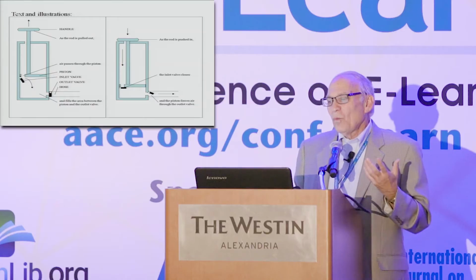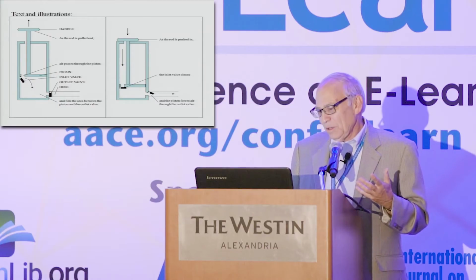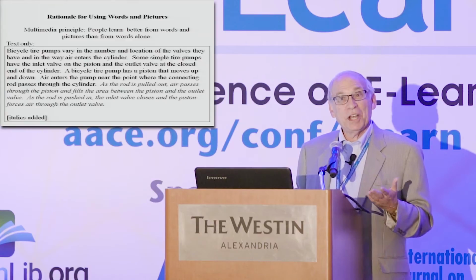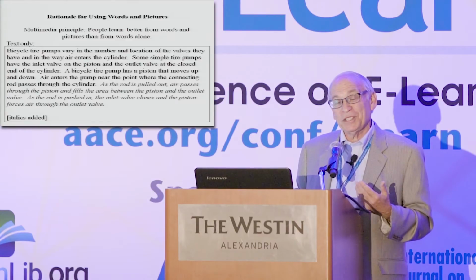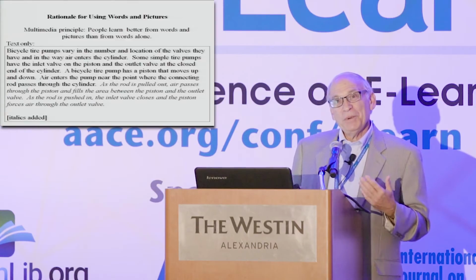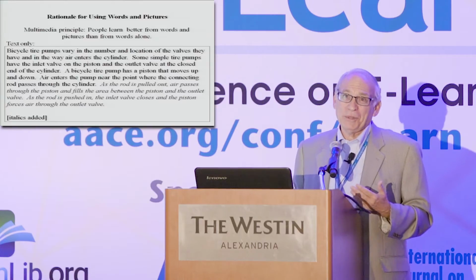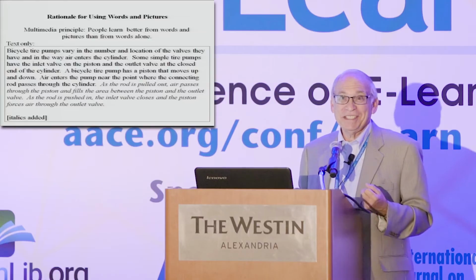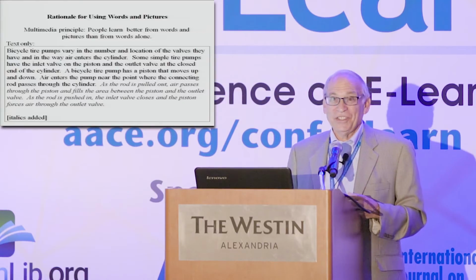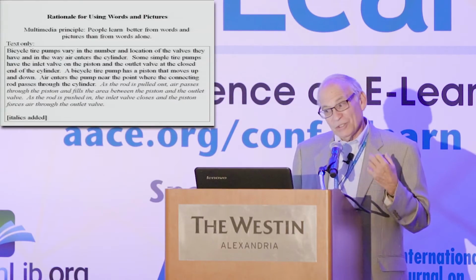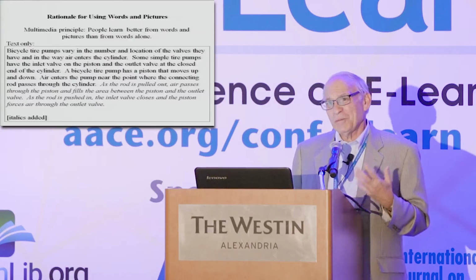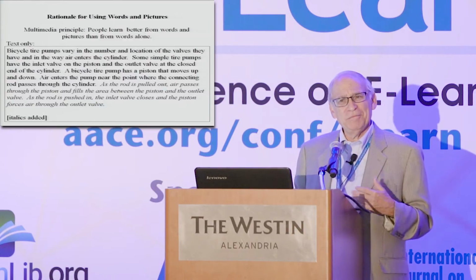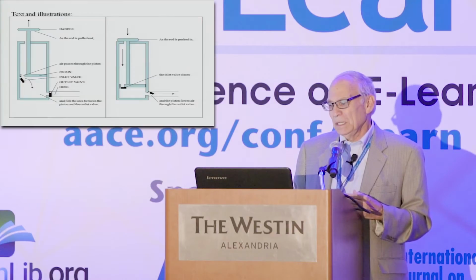And if you ask somebody to read that and then you ask them to explain how a bicycle tire pump works and you ask them those transfer questions, they can remember about 25% of the concept, the idea units, and they can't answer any of the transfer questions. So my conclusion was people don't learn a whole lot from the words. They can remember some of them, but they really don't know what they mean.